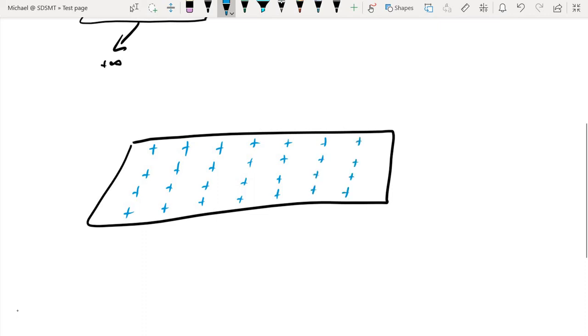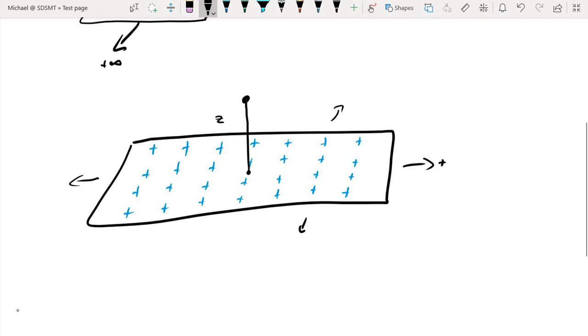So we have this infinite sheet of charge. It extends out in all directions, and I want to know what is the electric field that is being produced a distance of z above that infinite sheet.